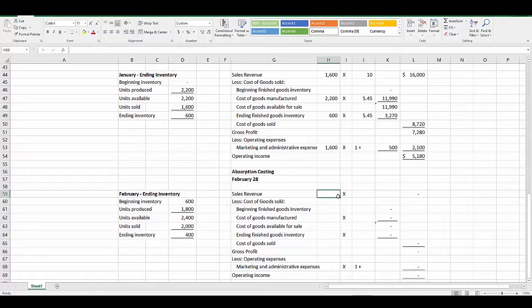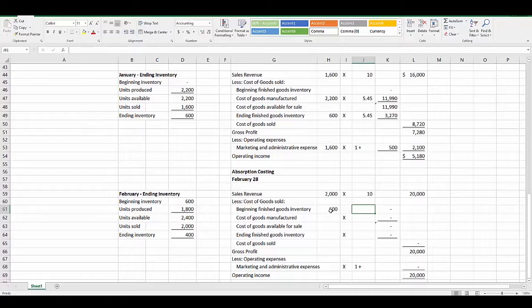So for February, we're told that we sold 2,000 units and the selling price remains the same at $10. Then we calculate our cost of goods sold. So we have our beginning inventory of 600, and this is multiplied by this time our absorption cost of goods manufactured for the month of February, which was a little bit higher.